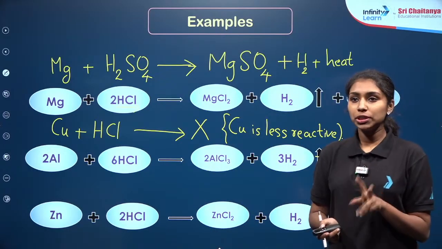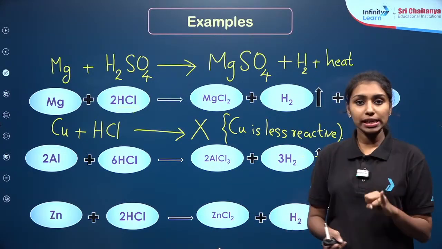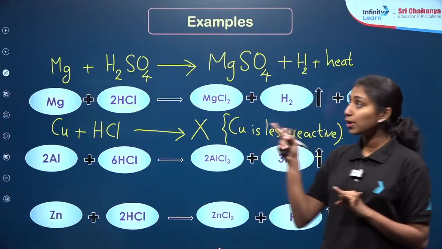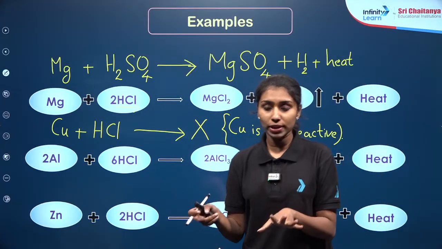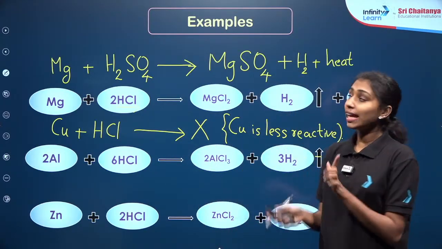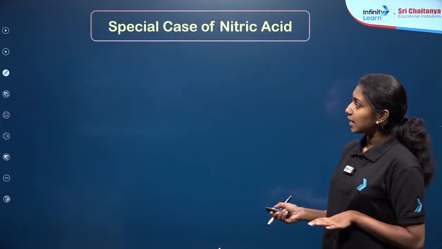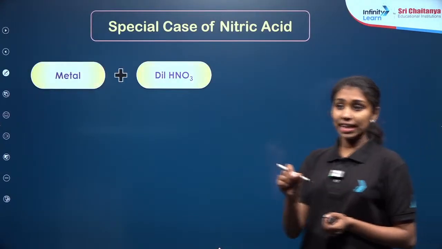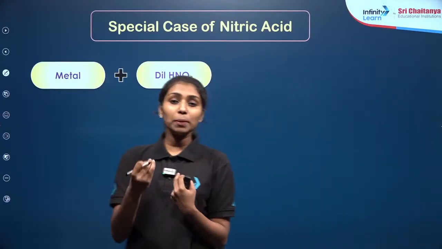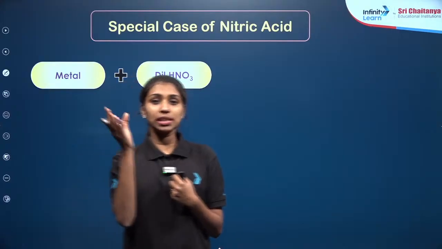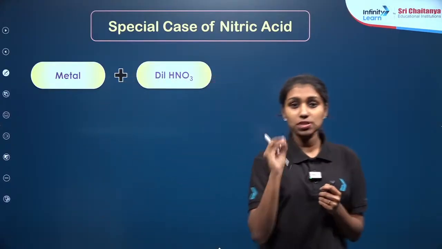Now, we have seen two types of acids here. If you are taking HCl, we will get the corresponding chloride salt. If you are taking H2SO4, we will get the corresponding sulfate salt. Now, there is a special case for HNO3, nitric acid. This is a special case. We expect that any metal which is reactive with the acid will produce salt plus hydrogen.